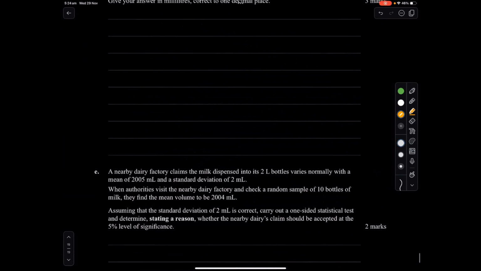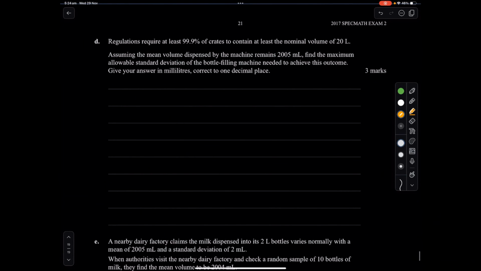And these are your 2 last questions. So, 3 marker. Regulations require at least 99.9% of the crates to contain at least a nominal volume of 20 liters. Assuming that the mean volume dispensed by this machine remains 2005 milliliters, find the maximum allowable standard deviation of the bottle filling machine needed to achieve this outcome.